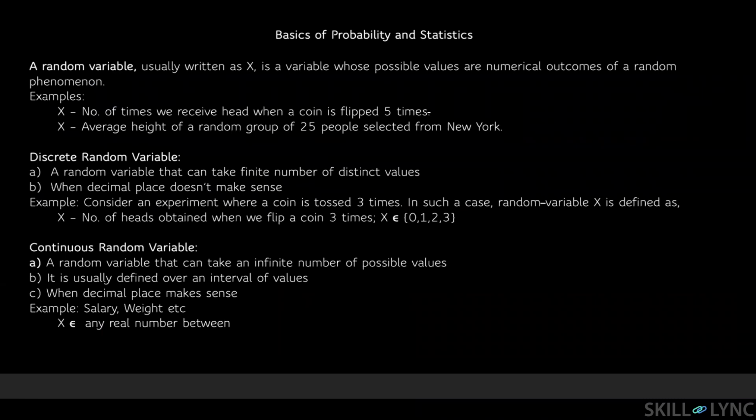And when the decimal point makes sense, then it is called a continuous random variable, right? For example, salary, height of a person, weight of a person. The temperature measurement is a continuous random variable, right? Because temperature can take 30 degrees, 30.5 degrees, 40 degrees, 40.25 degrees. Pressure, velocity, all these parameters are continuous random variables, right?